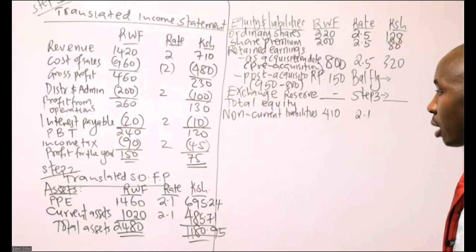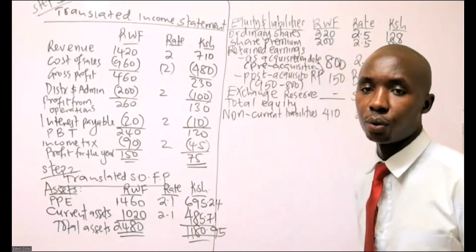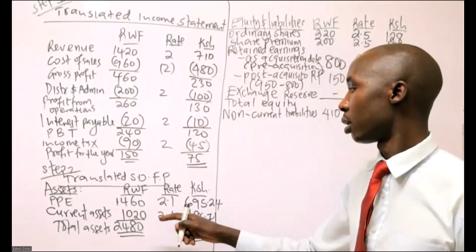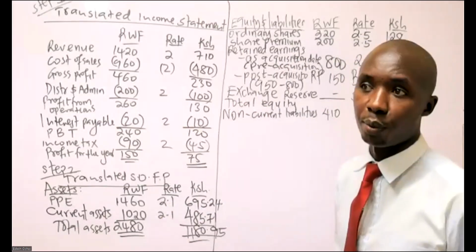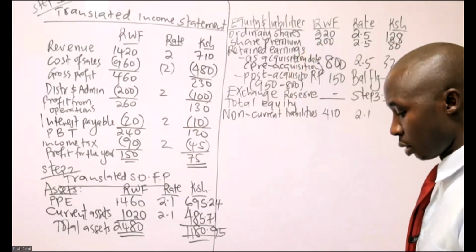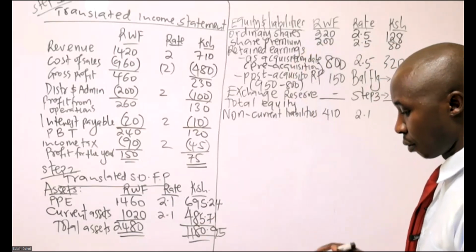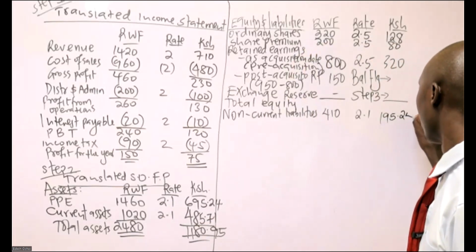Because we said assets and liabilities, we use which rate? Closing, and the closing is the 2.1, as at the date when we are preparing our balance sheet. So 410 divided by 2.1, 195.24.